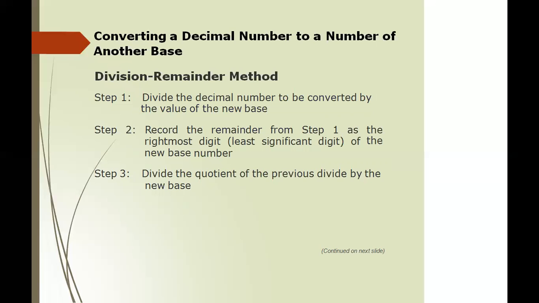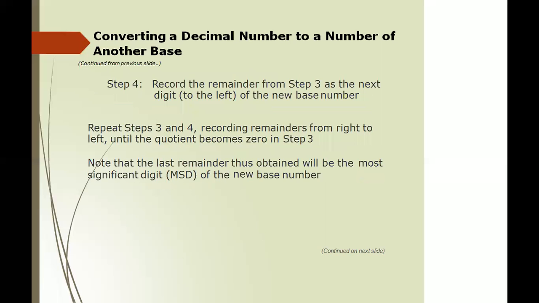Step three is to divide the quotient of the previous division by the new base. And step four is to record the remainder from step three as the next digit to the left of the new base number. I think it's a little bit clumsy to read all these steps, but practically it's easy to convert any number.